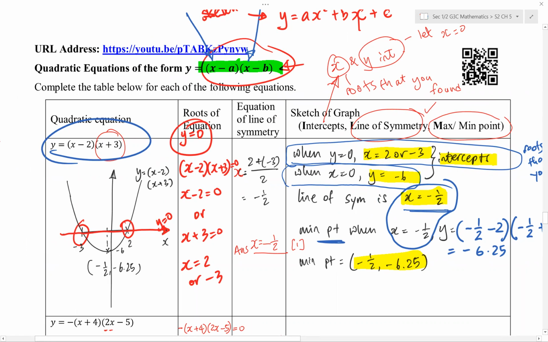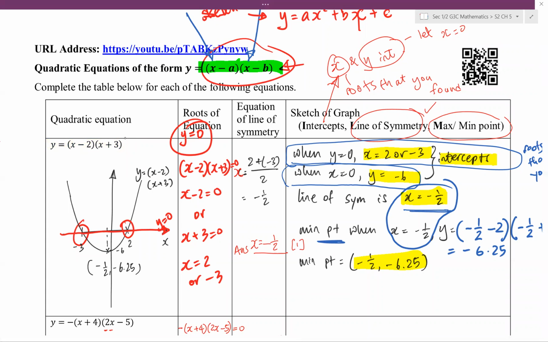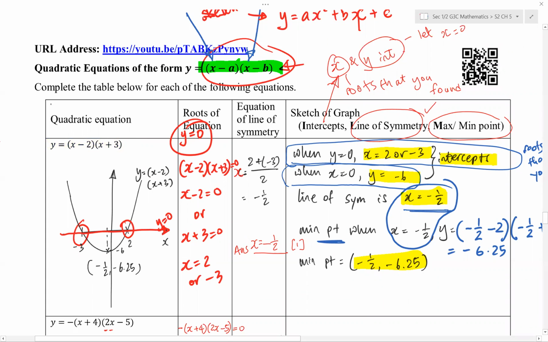In this case, this format is not y equals ax squared plus bx plus c, where you can simply look at whether a is positive or negative and decide smiley face or sad face. But it's not.